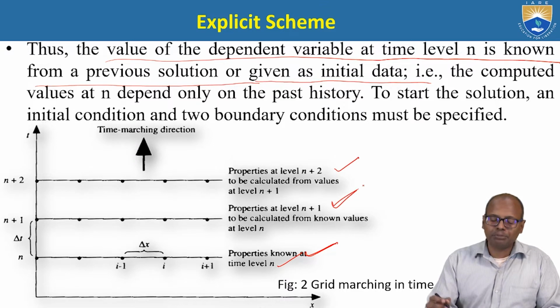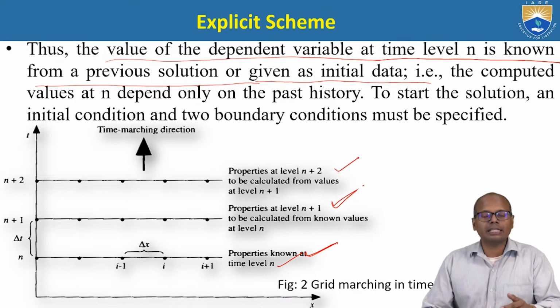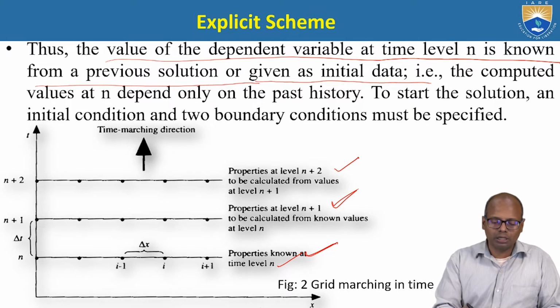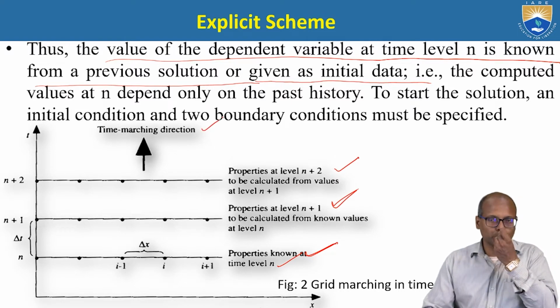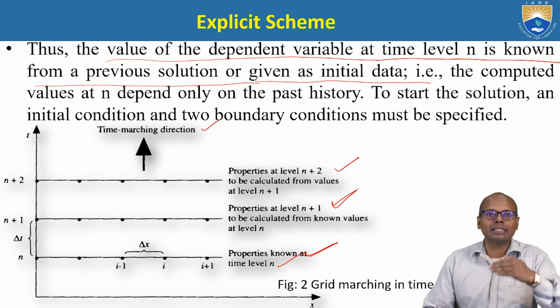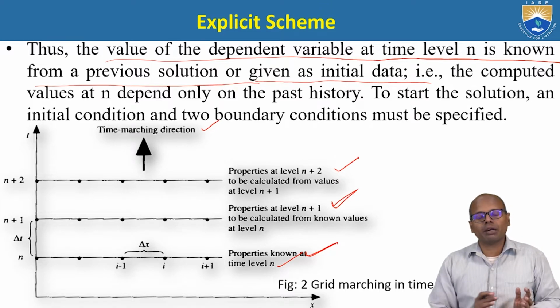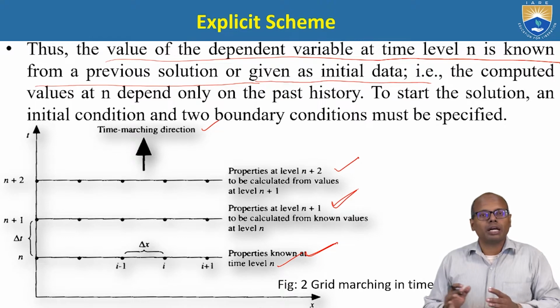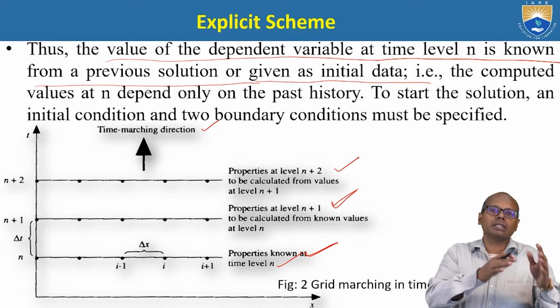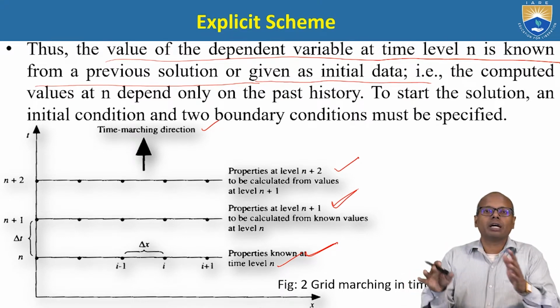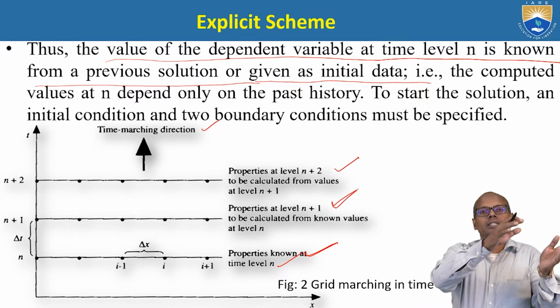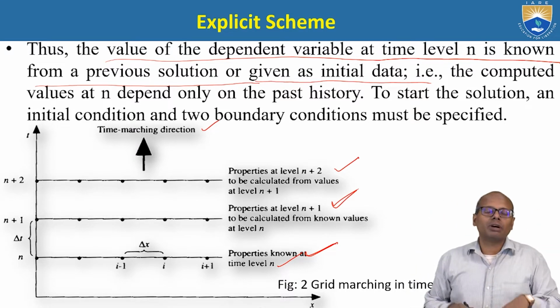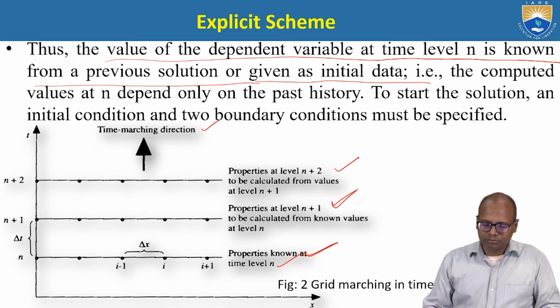This kind of approach is called the time marching approach. We are marching in time. We find all the values at the nth time interval, using those we find the values at the n plus 1th time interval, and using those we find the values at the n plus 2 time interval. This is called the time marching solution.